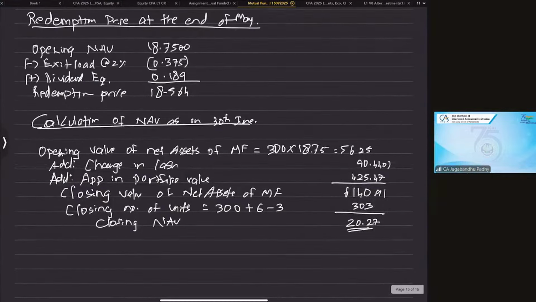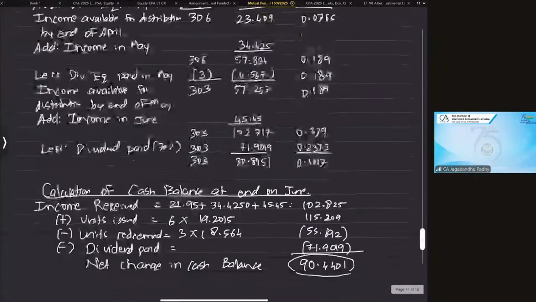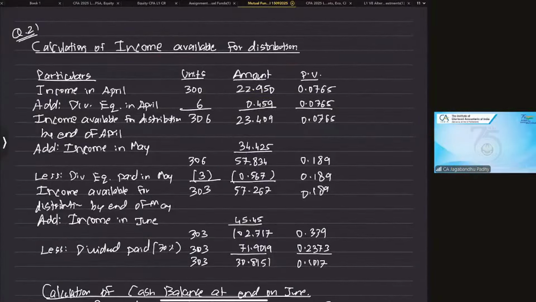The only point in this question was with regards to the income available for distribution. This is similar to the concept of ex-interest or cum-interest, ex-dividend and cum-dividend that you have learned maybe at inter level.